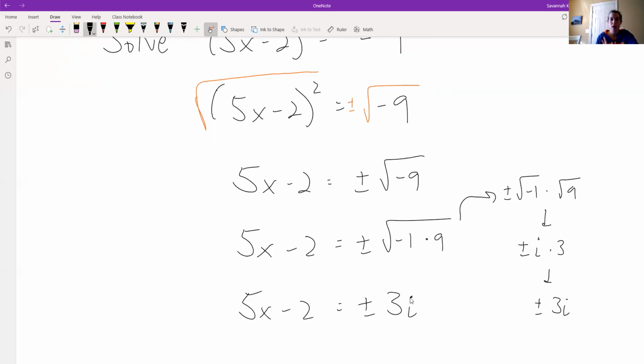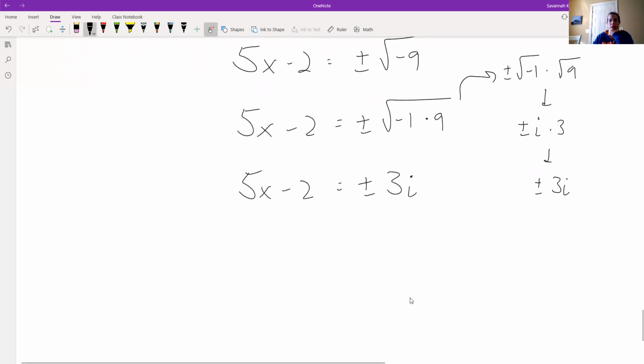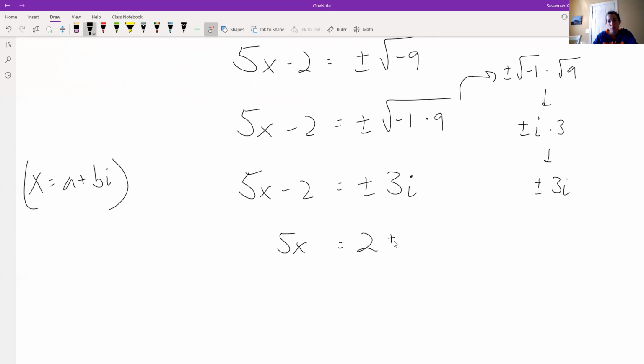So now we've combined our new square root property with the i's, the imaginary numbers. Remember that numbers that have i's in there, complex numbers, usually fit the format a plus bi. That's probably where we're headed. So I'm going to put this 2 in front, and then I'm going to carefully divide through my 5.